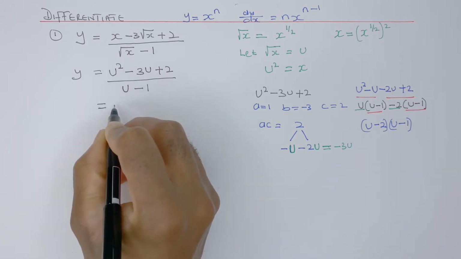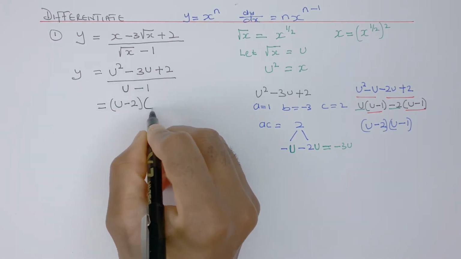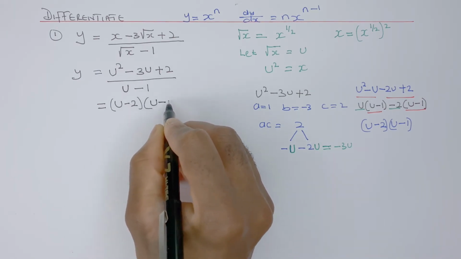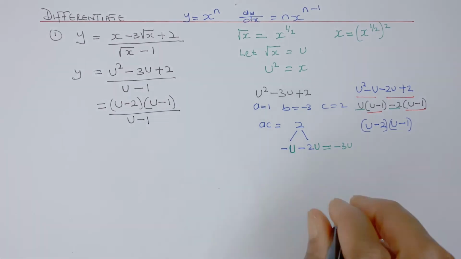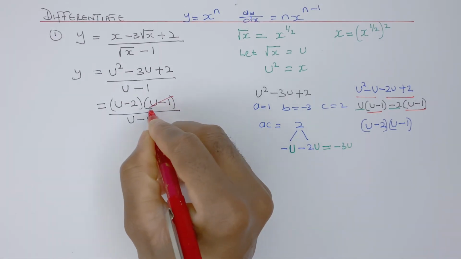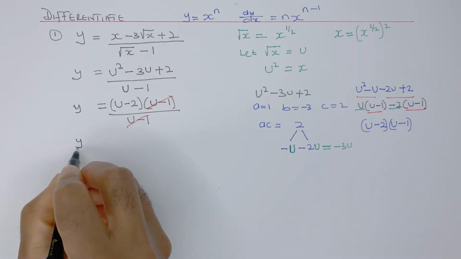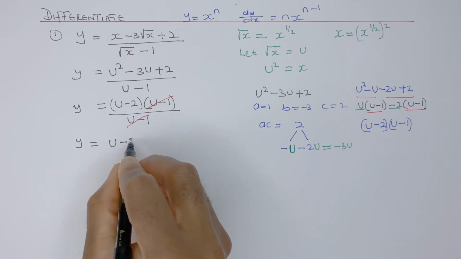The factors are u minus 2, open bracket, close bracket, u minus 1, over u minus 1. The u minus 1 in the numerator cancels the u minus 1 in the denominator. So therefore, y equals u minus 2.